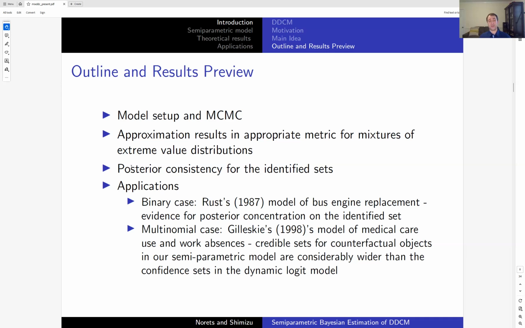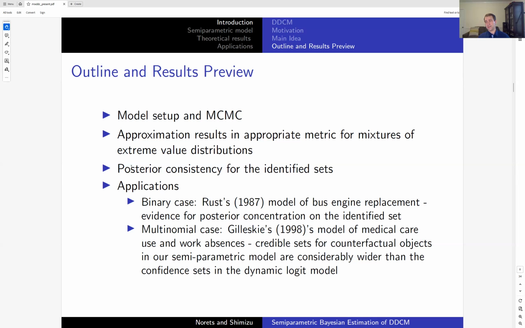And then I'll also discuss some of the asymptotic results that we can get, and maybe some of the challenges that still remain for theoretical asymptotic analysis of the approach we propose here.